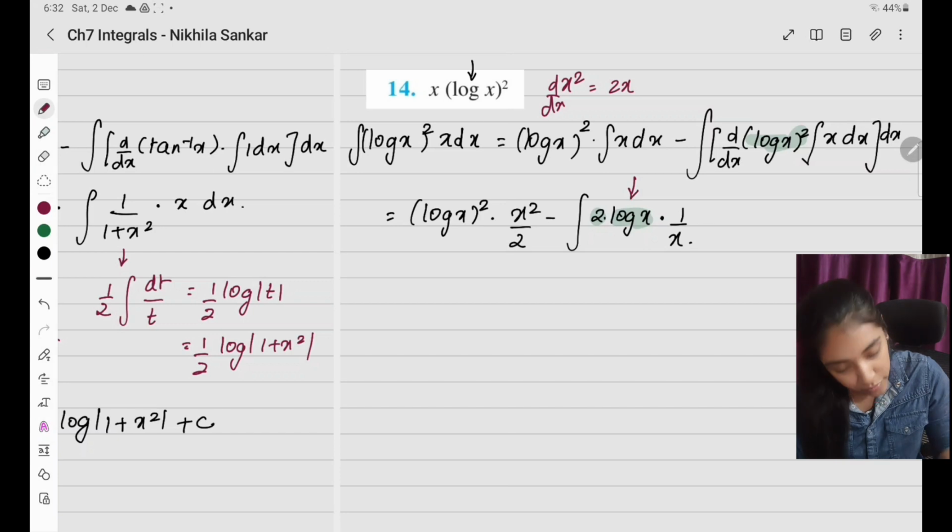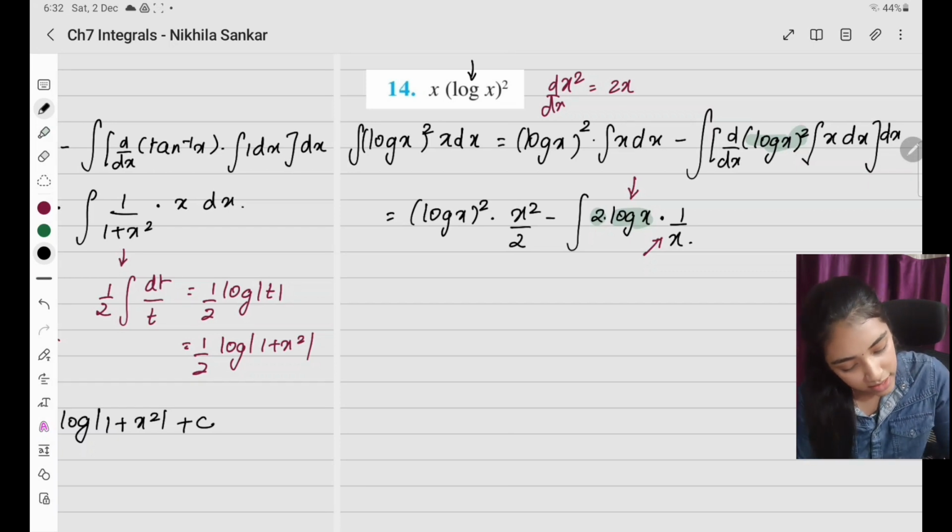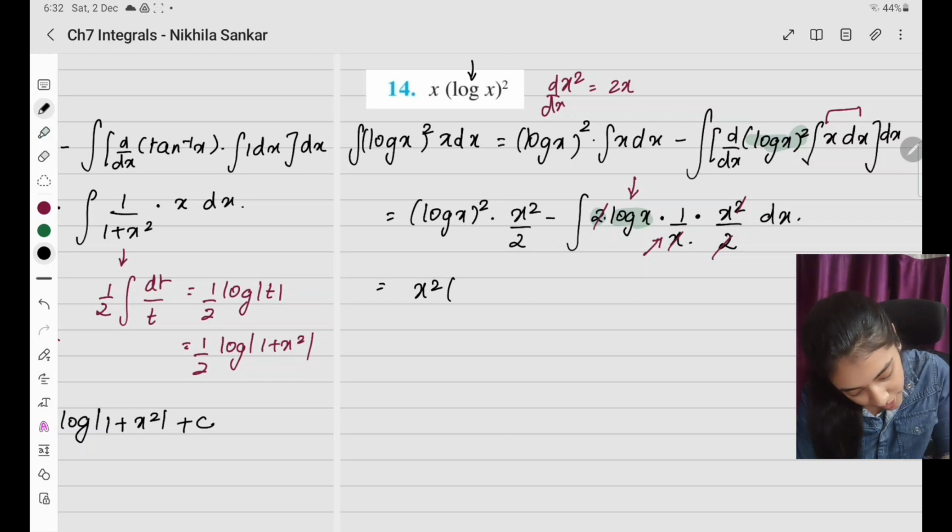It is a log, so I have to differentiate it again to get 1 by x. Differentiation we all know, but I'm revising it. Times the integral of x dx, which is x square by 2, times dx. So what is getting cancelled? The 2 and the 2, and x and x cancel. So what is remaining? x square times log x the whole square divided by 2 minus the integral of x log x.